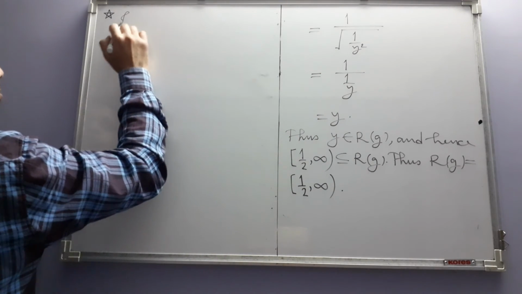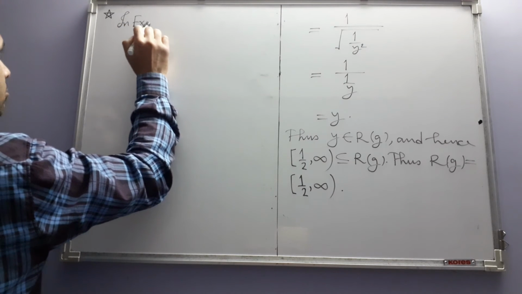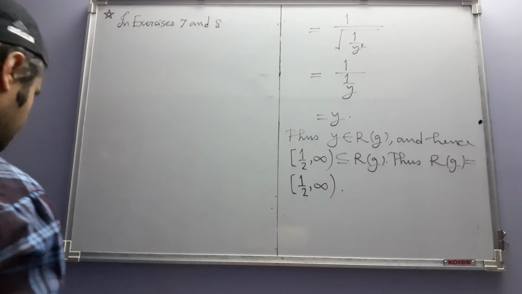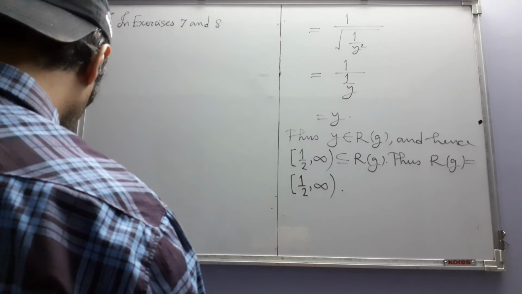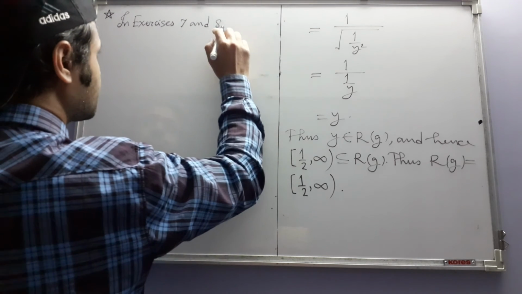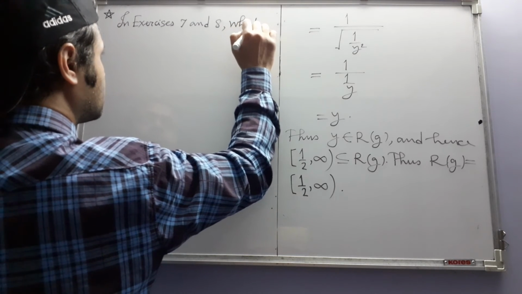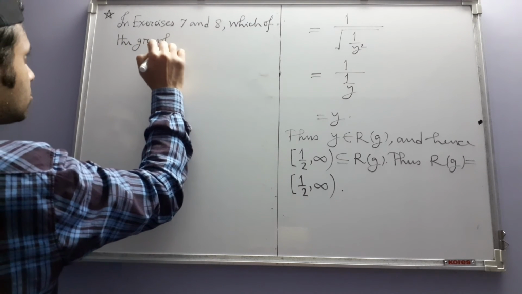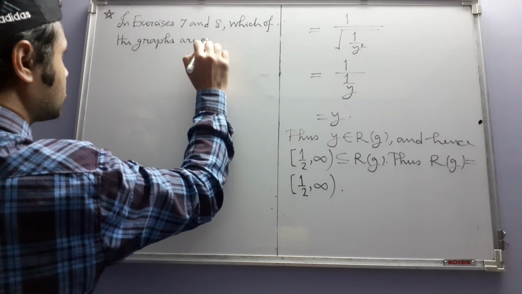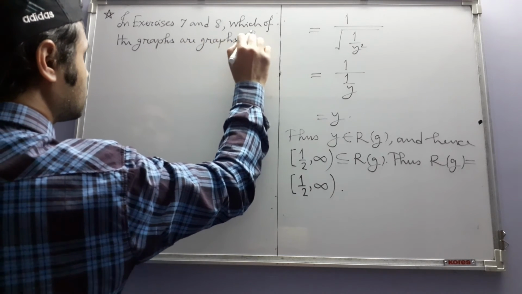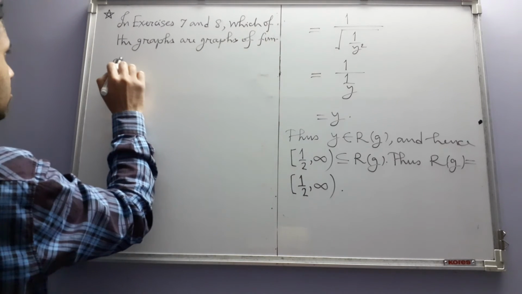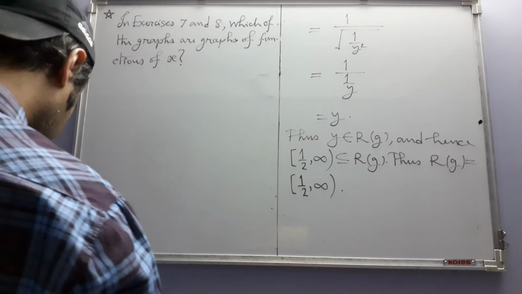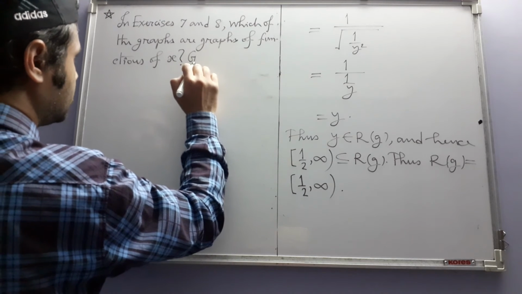In exercises 7 and 8, which of the graphs are graphs of functions of x? Give reasons for your answer.